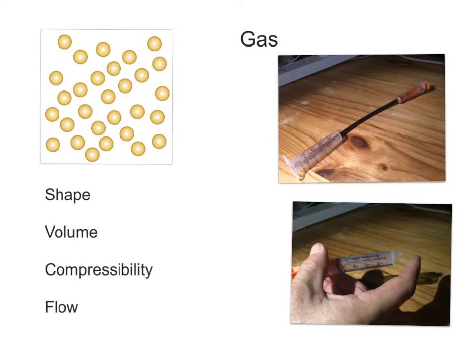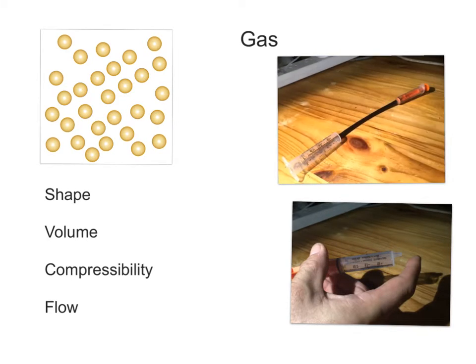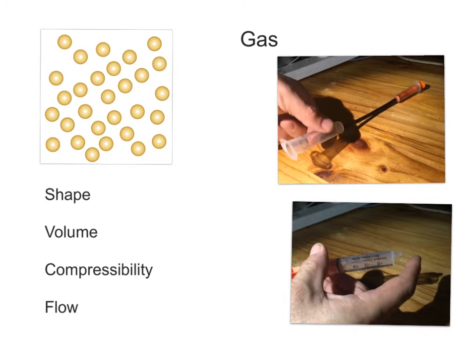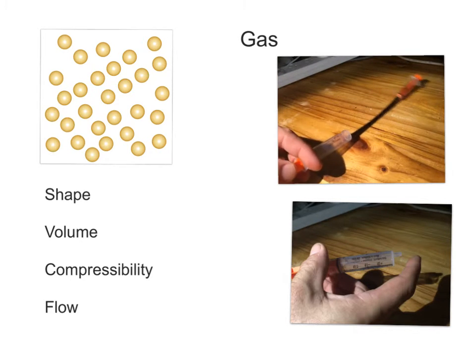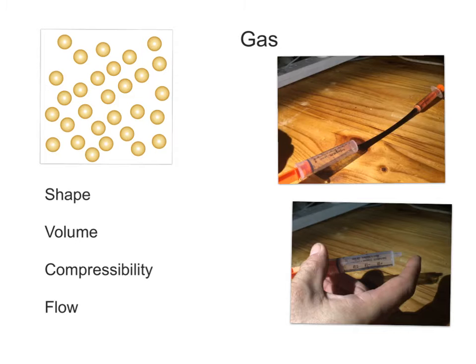Gas can be a little more problematic to conduct experiments with, because the majority of gases are invisible and those that aren't are quite dangerous to work with. But with the use of syringes, we can still demonstrate the properties of gas. So shape, gas will fill the container, in this case a syringe.